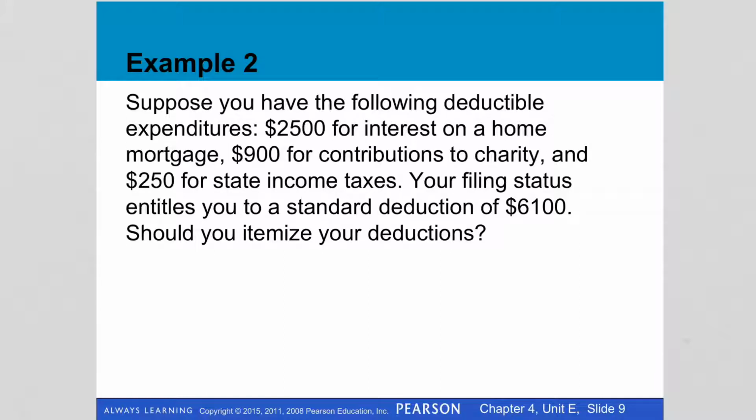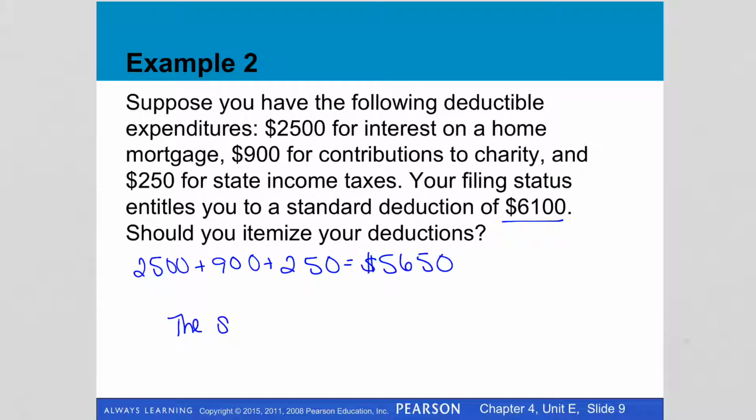So, your total deductible expenditures was $2,500 plus $900 plus $250. That totals to $5,650. But your standard deduction is more than that. So you want to take the standard deduction.